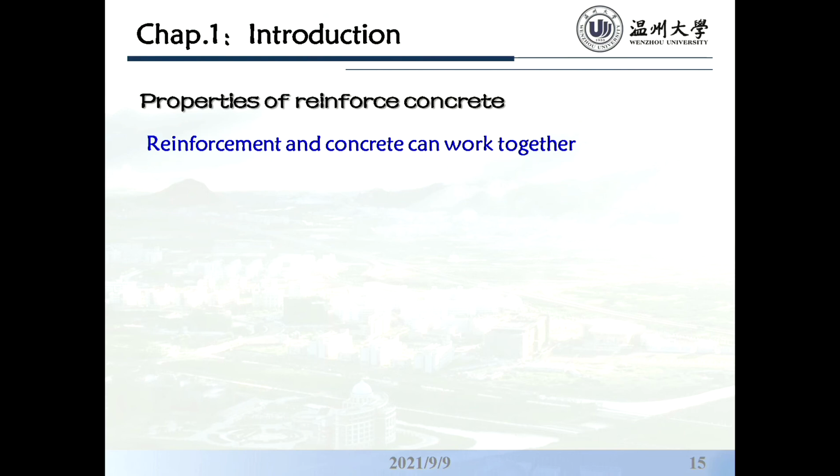So here, one is fitness for purpose. One is economy, because when we build a structure, it costs time, resources, human resources, and money. Fitness means that if we design and construct a building, we hope it can work for a very long time.